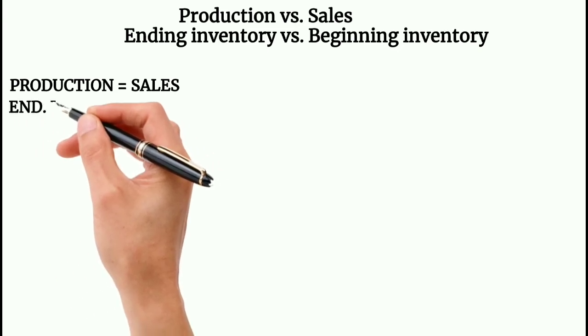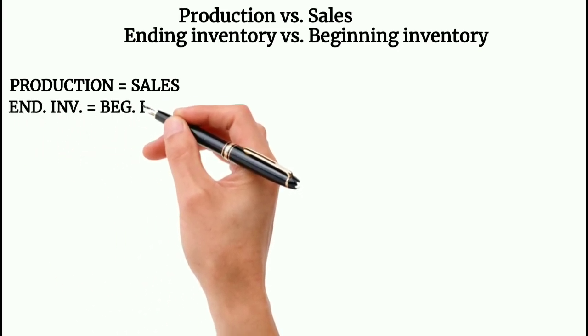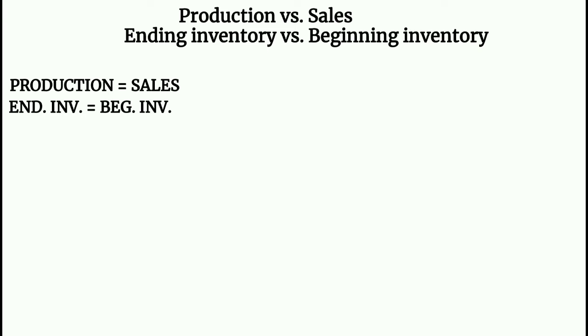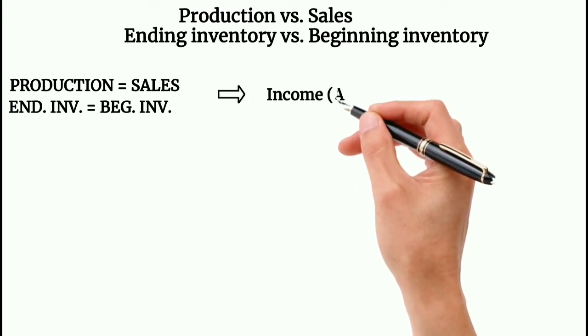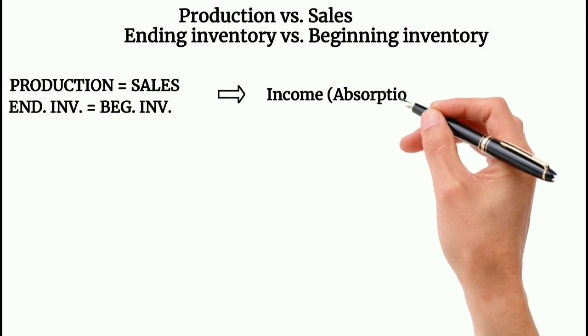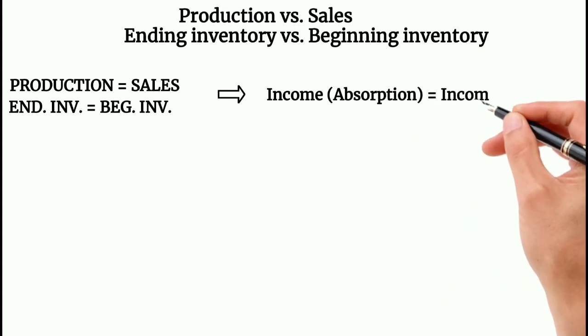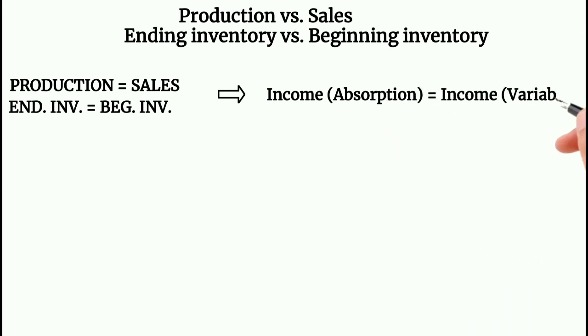Therefore, ending inventory is also equal to beginning inventory. Dahil equal yung production at sales and at the same time equal yung ending inventory at beginning inventory, ang net income under absorption costing at net income under variable costing ay equal din.